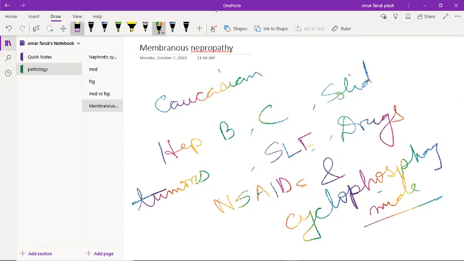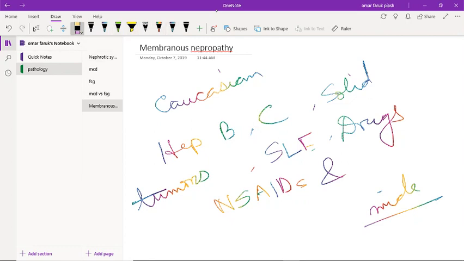For hemorrhagic cystitis, do you know which drug is important? The drug of choice is injection Mesna.